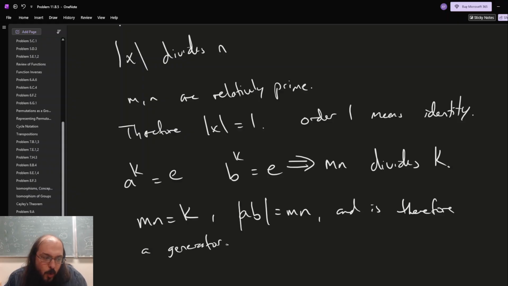So I like this question quite a bit because we're just playing around with relatively prime numbers and some basic number theory. I think it's a very illustrative problem of the kind of way that we think when we're doing group theory, right? Trying to leverage basic properties about orders of elements to squeeze out as much information as possible. But I don't want you to worry though.